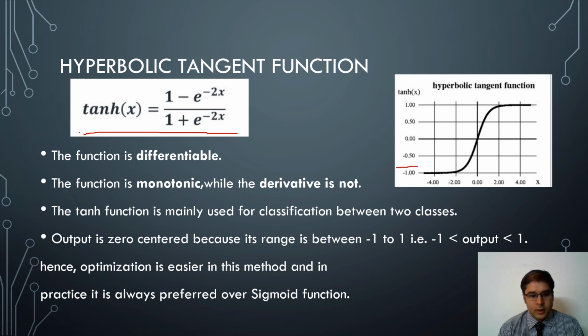Output is zero centered because its range is between -1 and 1. Hence optimization is easier in this method, and in practice it is always preferred over the sigmoid function. So output varies from -1 to 1, and it is zero centered.